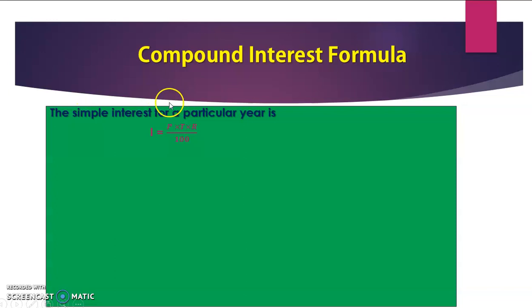The simple interest for a particular year is I equals P times T times R all over 100. We are all familiar with this formula.